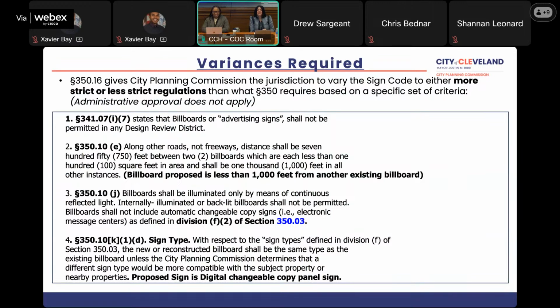Okay, any questions or comments? Okay. I make a motion that we approve the billboard because it is replacing an existing billboard. I would just say in variances, and the variances that are stated and are necessary.